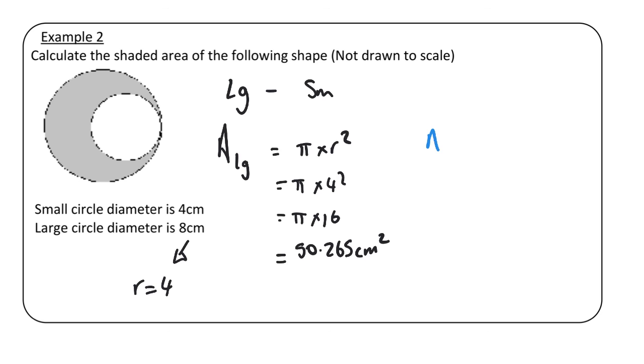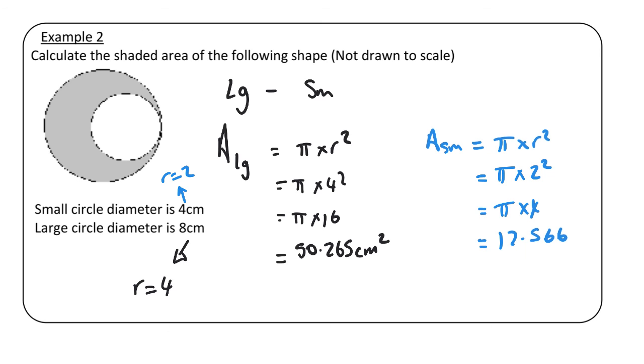The area of the small circle is again π times r squared. We were given the diameter, not the radius, but if we divide by 2, we get the radius is going to be 2. So it's going to be π times 2 squared, which is π times 4, which gives us an answer of 12.566 squared centimetres.